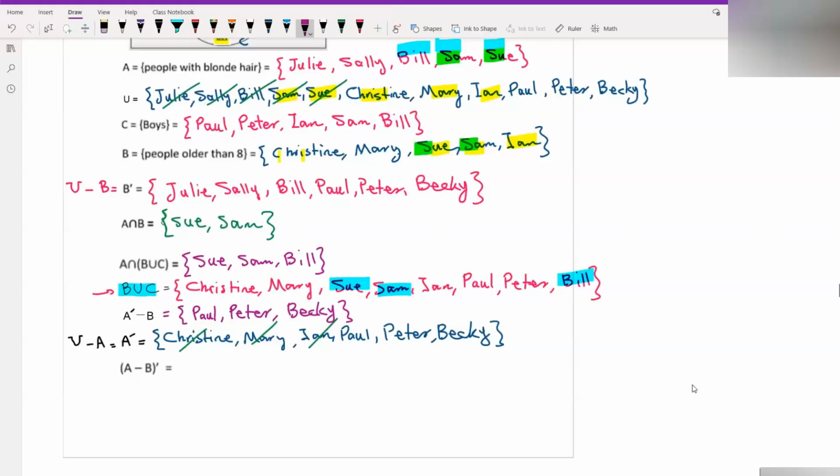Next one is complement of A minus B. So first we have to find A minus B. And that is equal to universal set minus A minus B. So finding A minus B first.